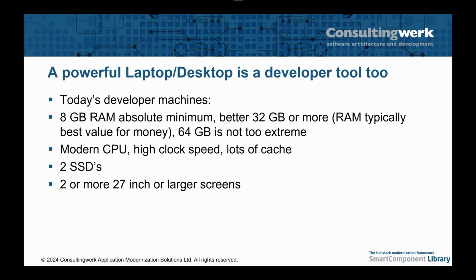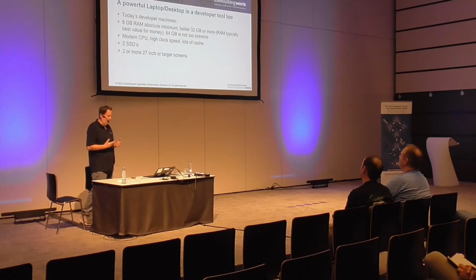Today's applications, front end, back end, multiple components, different back ends, you need a laptop that is more or less equipped similar to a server at some of your mid-sized customers.